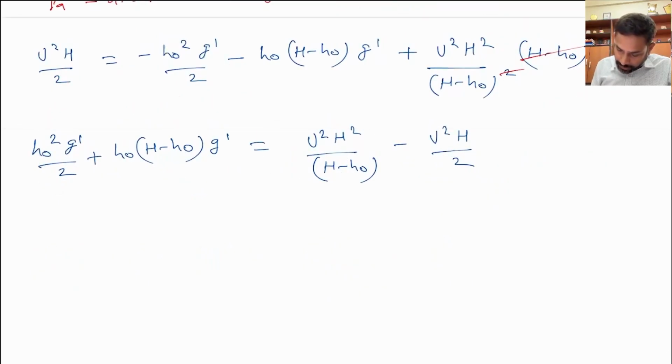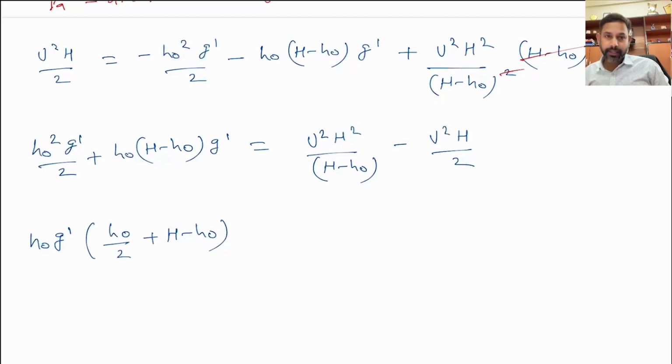Okay, and here we can again further simplify this equation to make it look like H naught by 2 plus (H minus H naught). So we have taken H naught g prime outside, and this becomes simplified. Likewise, here we can take U square H or H minus H naught outside.